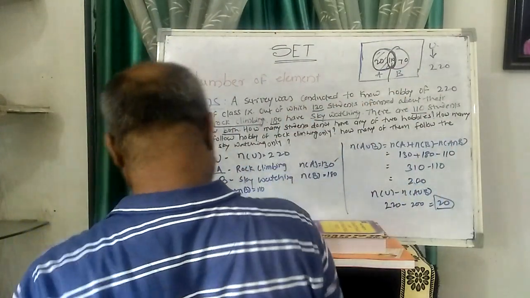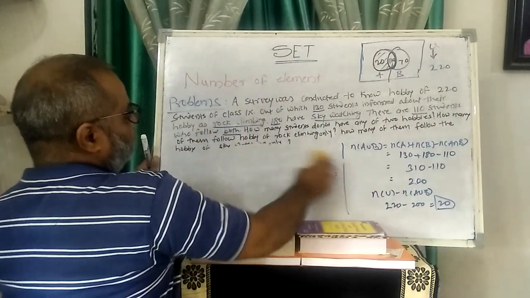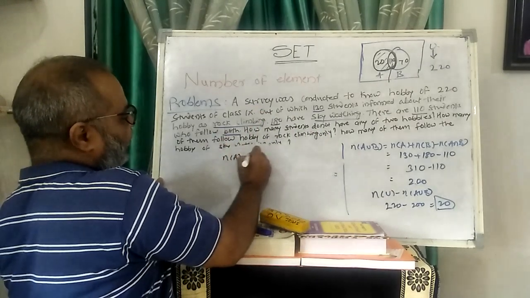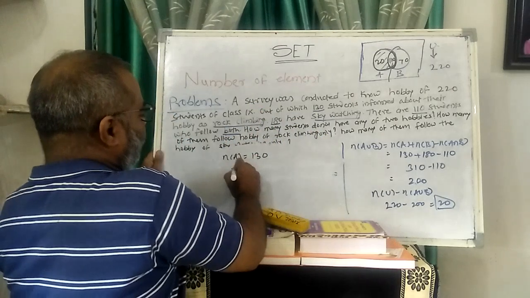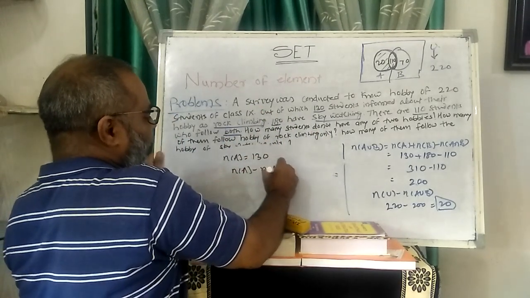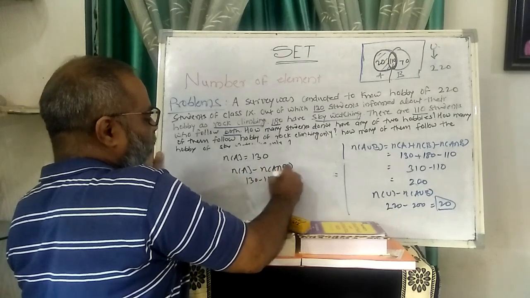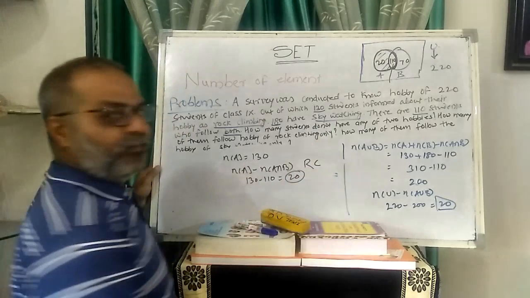Here N of A is 130. To find only rock climbing, that means N of A minus N of A intersection B, that is 130 minus 110, that is 20 students who have only rock climbing.